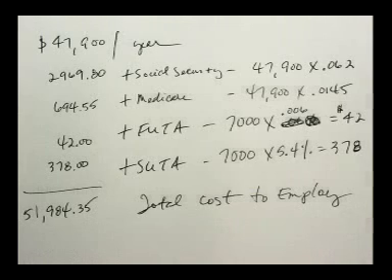Did they add something else? Did I do something wrong here? On mine, the SUTA tax rate says 5.8. Oh, they use 5.2% for SUTA.